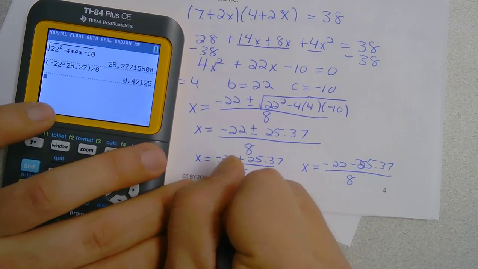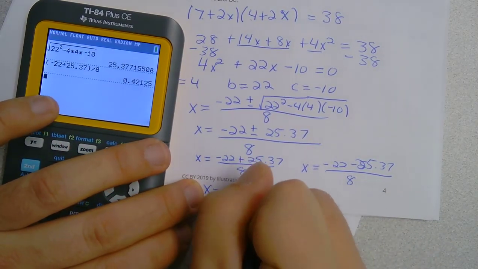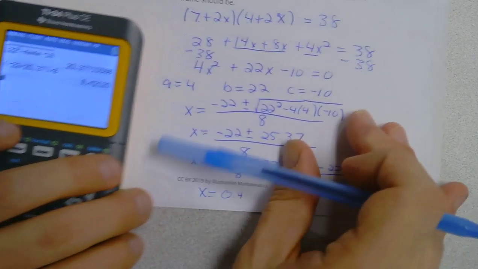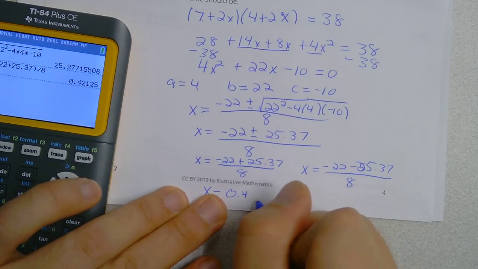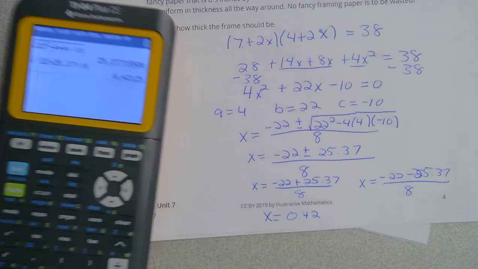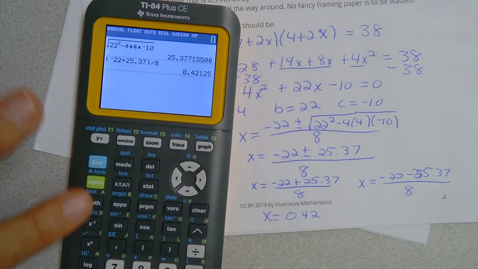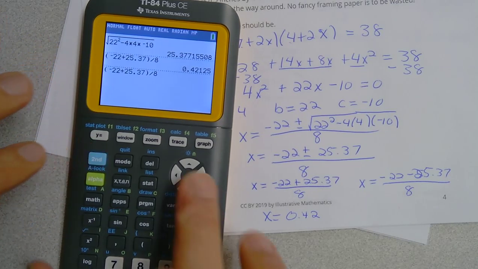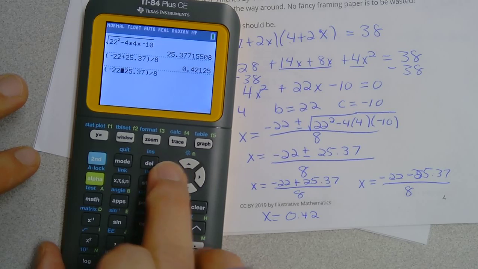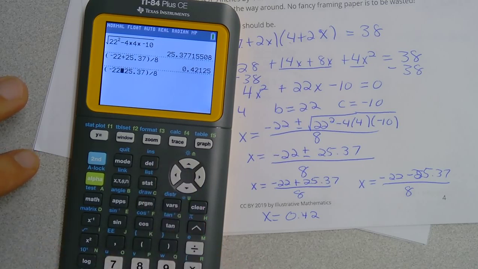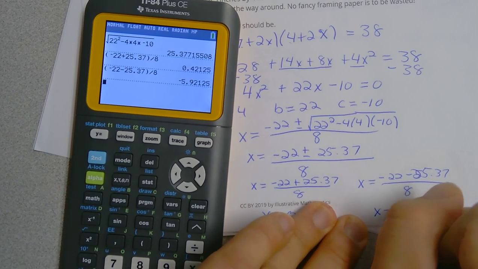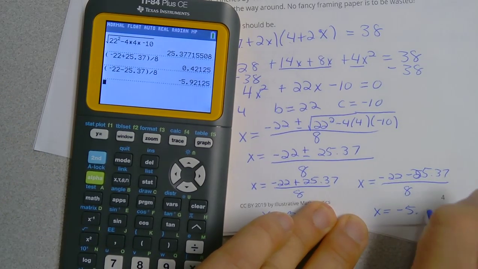We have x equals 0.42. And then putting that in, we have x equals negative 5.92.